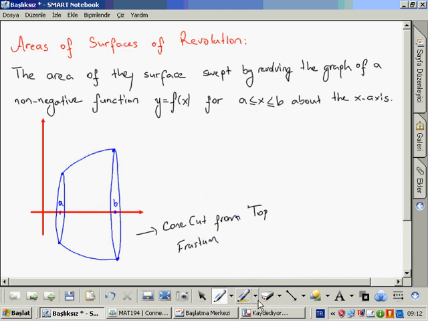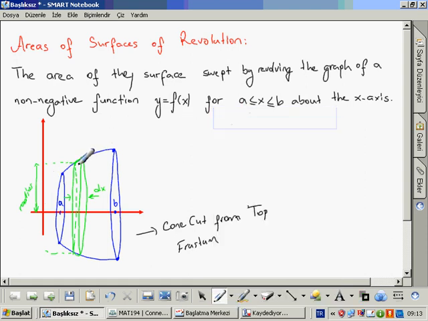When you select any part of this object, here is del x, and we have a radius also, which starts and ends at this point, only the radius, which is also f of x.